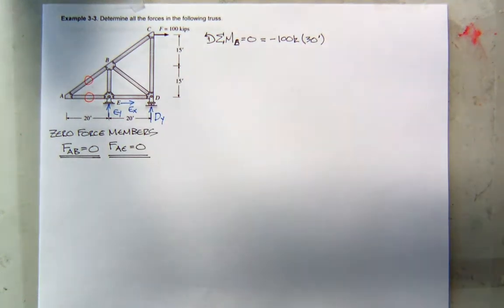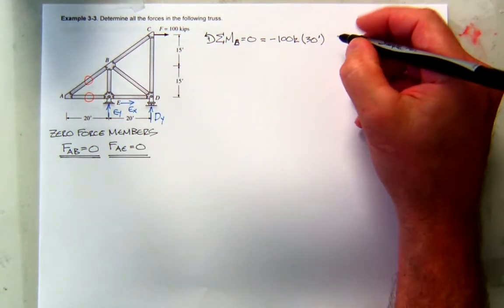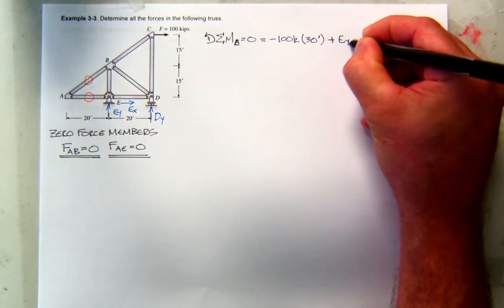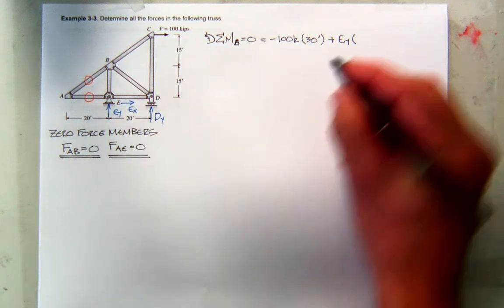And then I've got my reaction at D, which I assume is acting up. What kind of moment does that create about E? Positive. So the force would be DY, whatever that is, and the distance between E and D is 20.